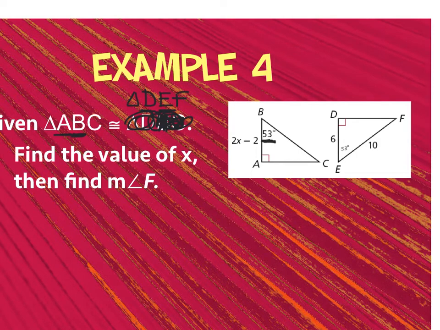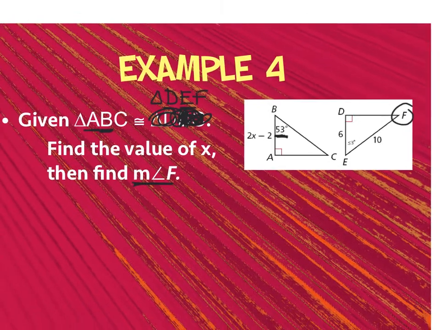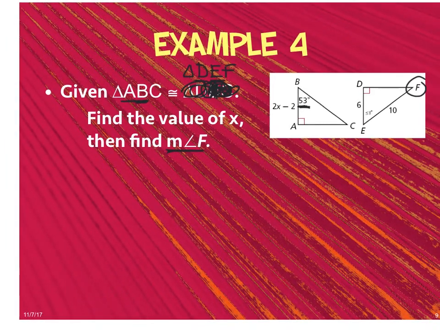And now that we have two angles of this triangle, we can find the third, which is what the question's asking us for, to find the measure of angle F, this angle, because we know that all three angles add up to 180.